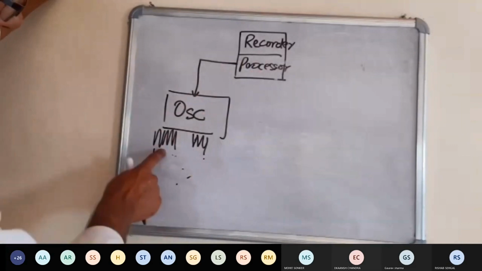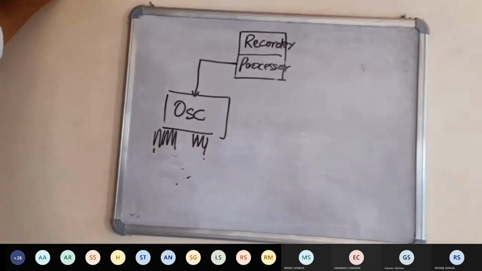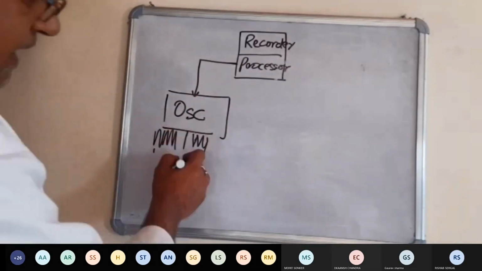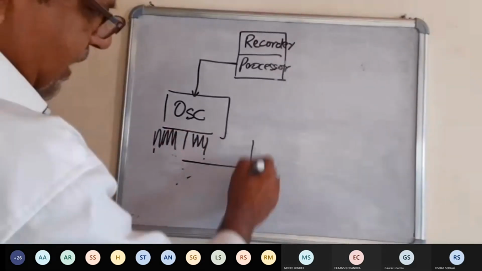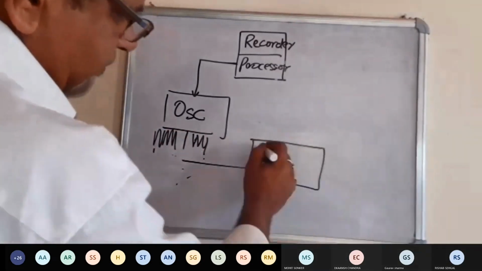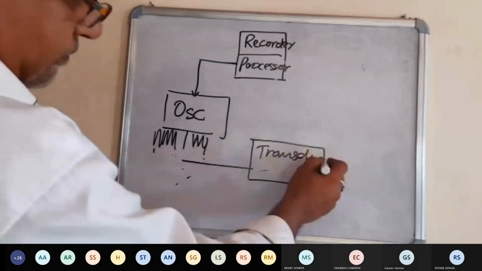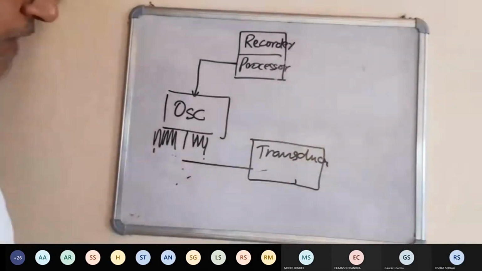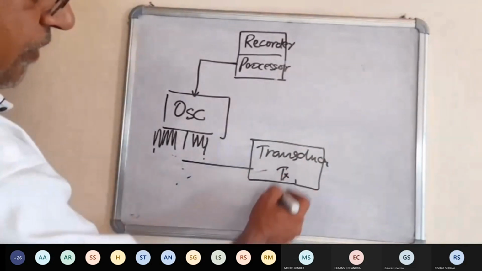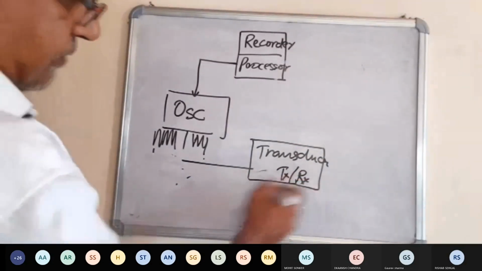This creates an electrical signal like this. This electrical signal is given to the transducer, which is having two parts basically, one for transmission, other for reception.